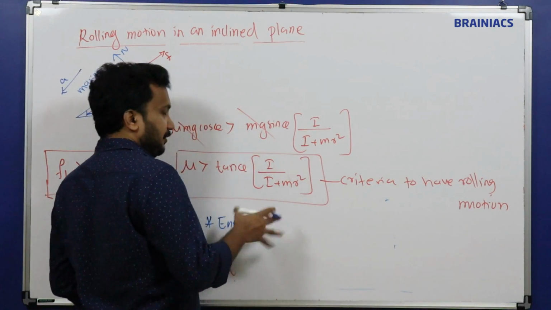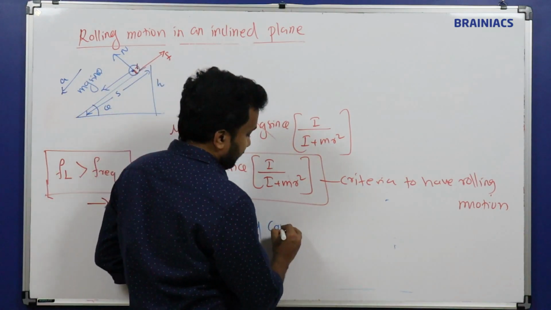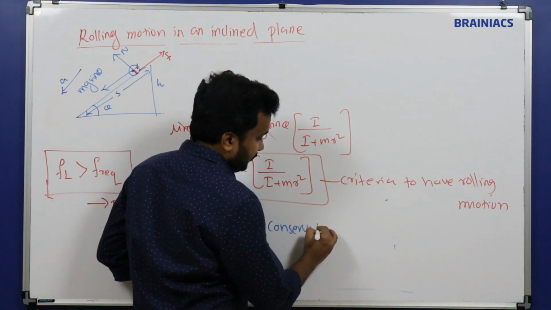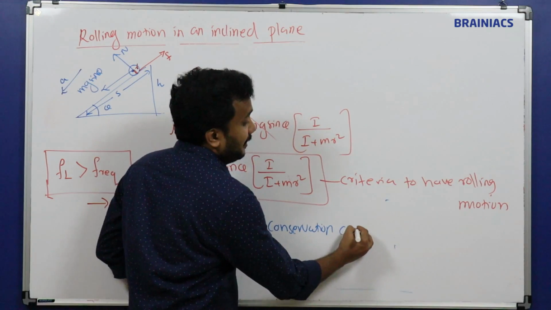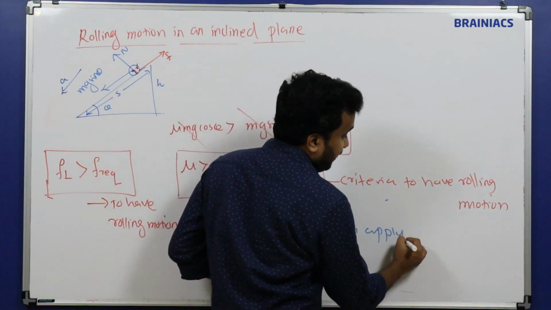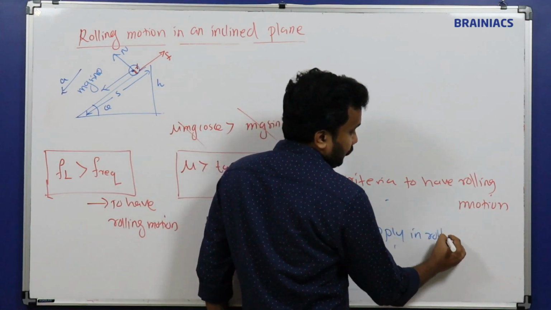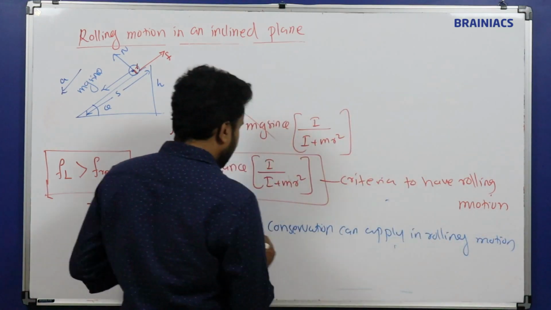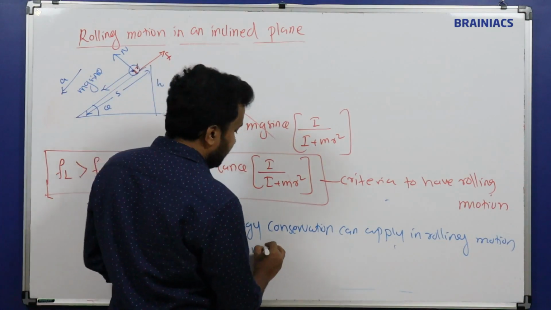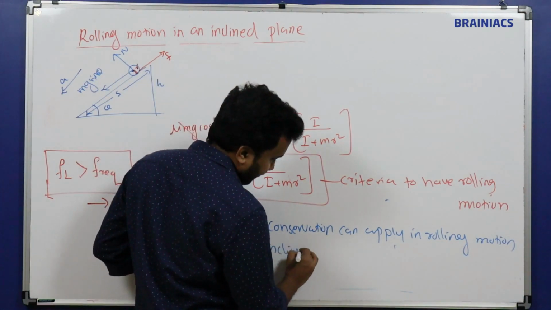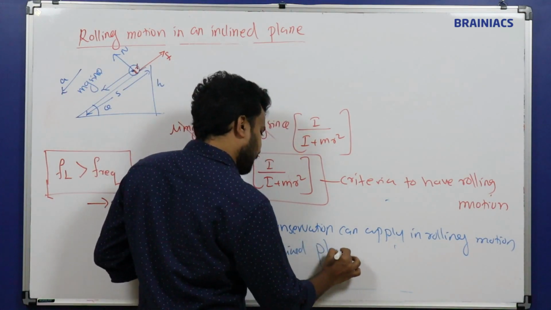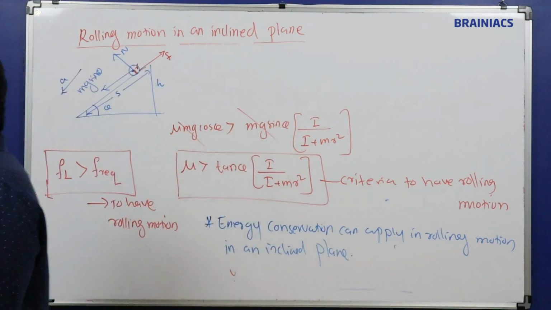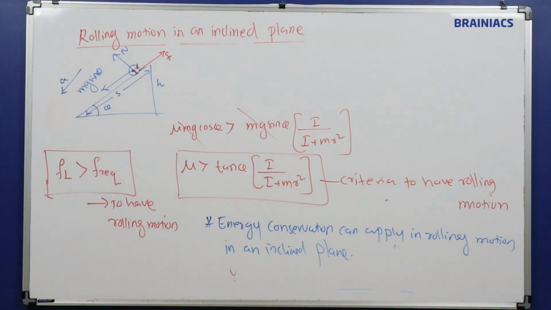Next key point, an additional point: energy conservation can be applied in a rolling motion in an inclined plane.